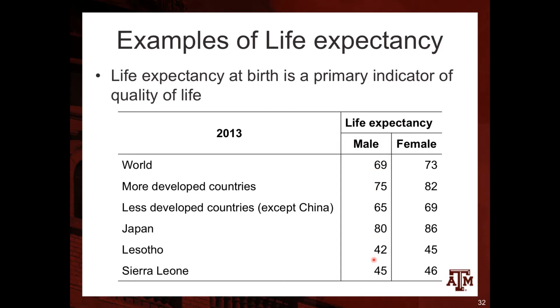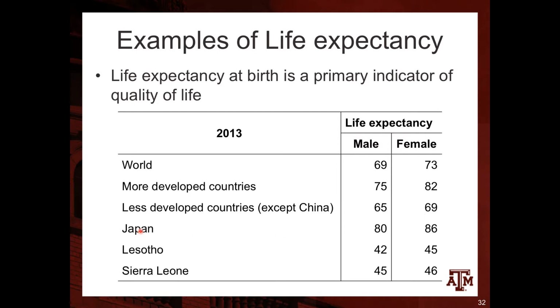So in the world in 2013, life expectancy for men was 69 and for women was 73. For more developed countries, 75 and 82, and less developed countries, excluding China, 65 and 69.